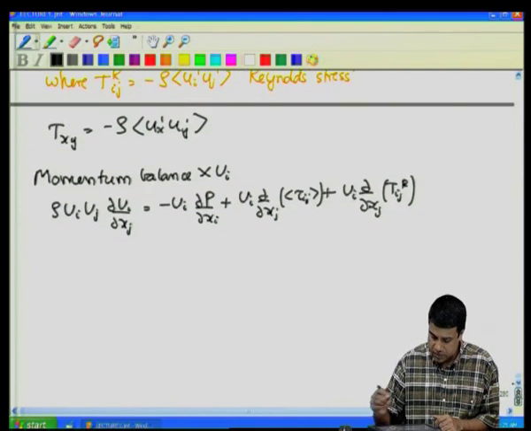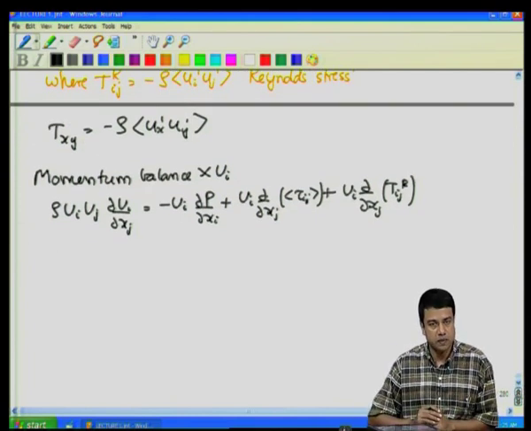So, this is the momentum balance equation multiplied by the mean velocity. This is a mean energy conservation equation, and I can simplify the various terms in this.